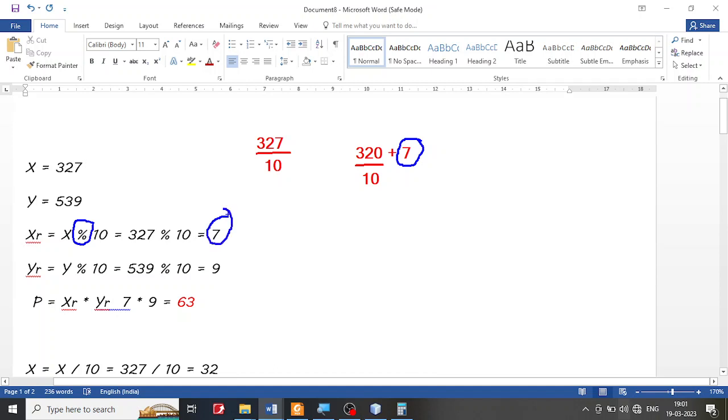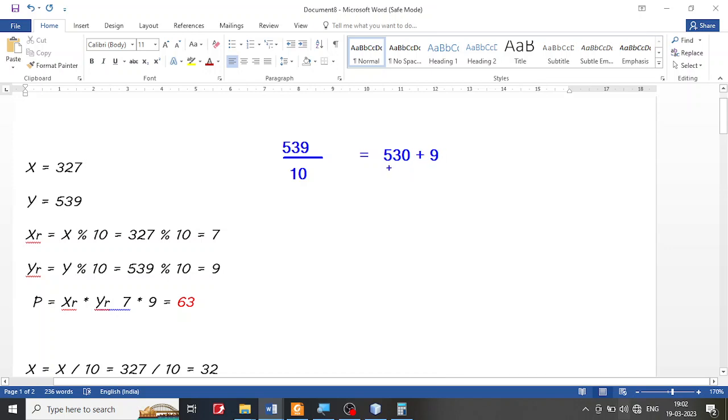This is for the first number. Let's take the second number, 539, and divide it by 10. So what are we going to get? 539 can be written as 530 plus 9.